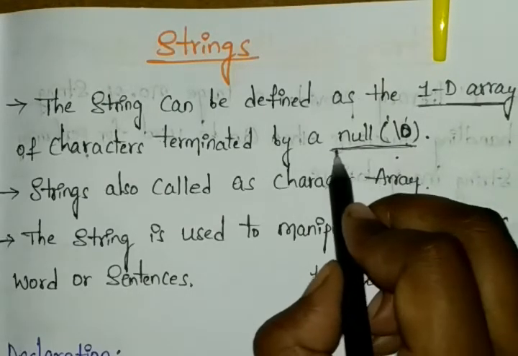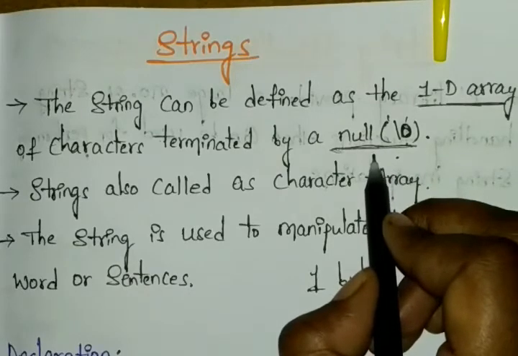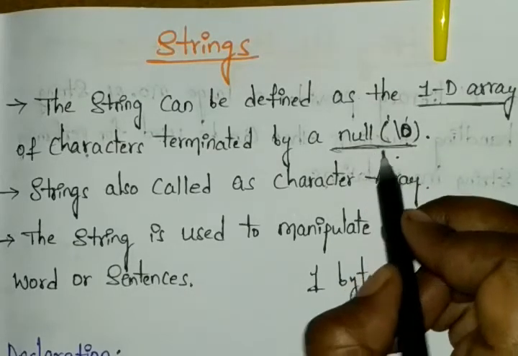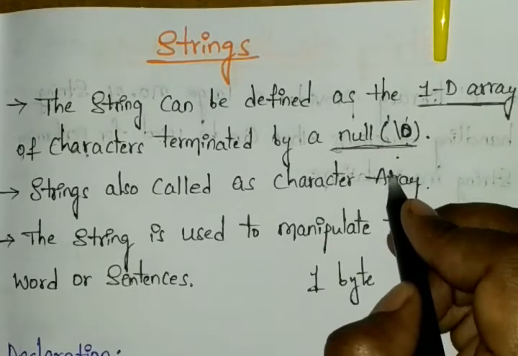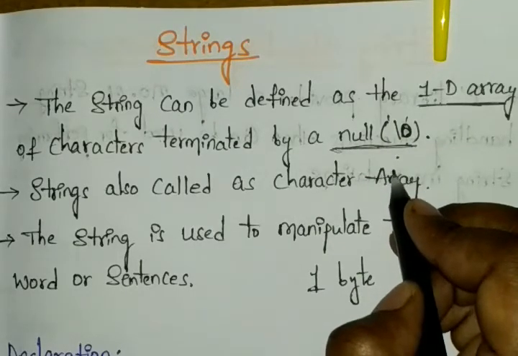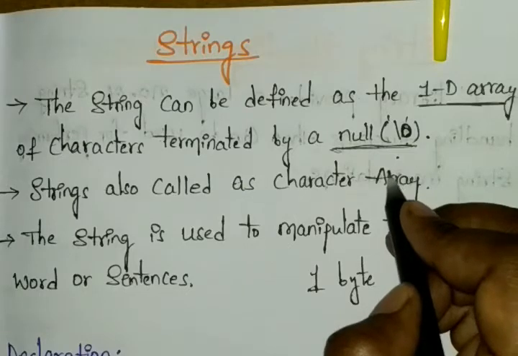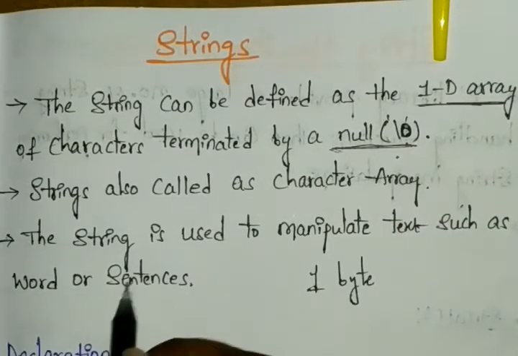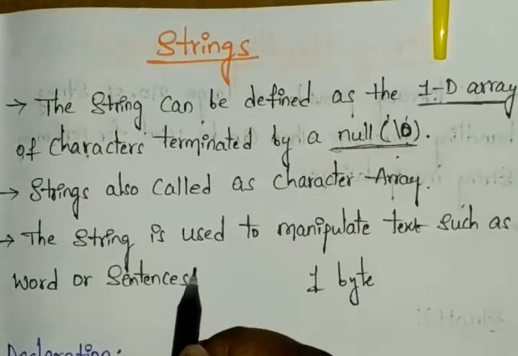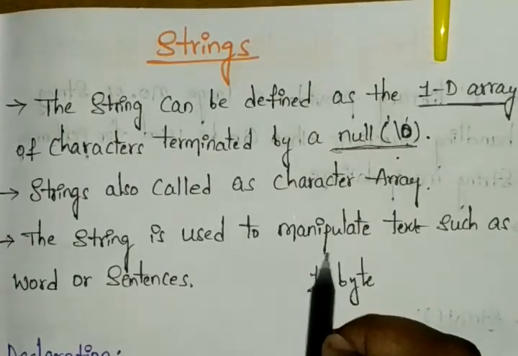So after writing the characters, you definitely have to give this \0. Then you can easily identify this is the end point of your characters, or your string.